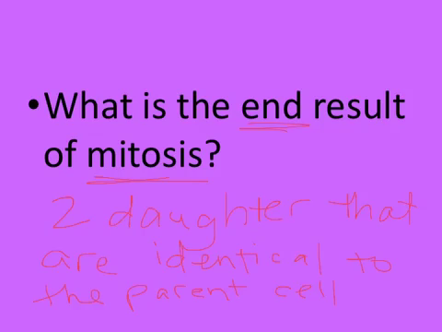The end result of mitosis, and I missed a word, sorry: two daughter cells that are identical to the parent cell. That is the end result of mitosis.